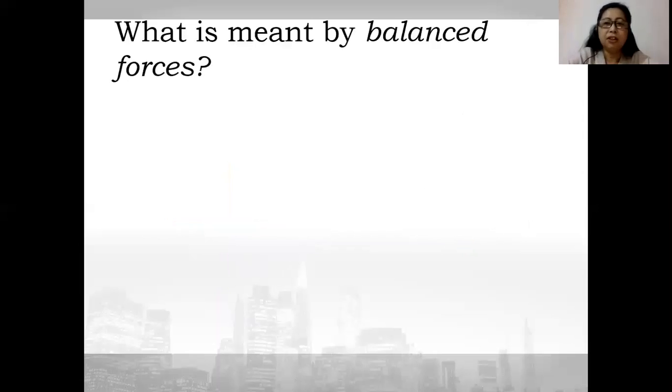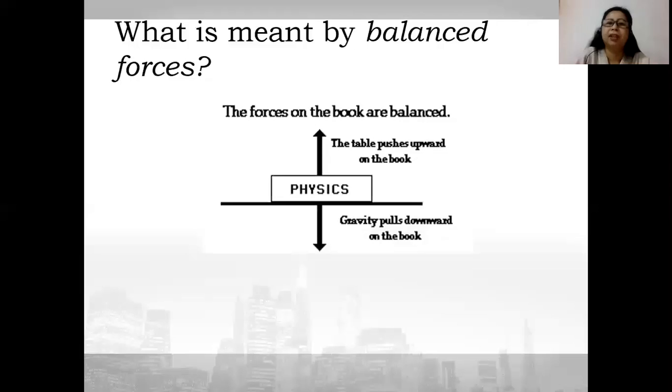So, the two previous examples show balanced forces. What is meant by balanced forces? So the forces on the book are balanced. The table pushes upward on the book. Gravity pulls downward on the book.